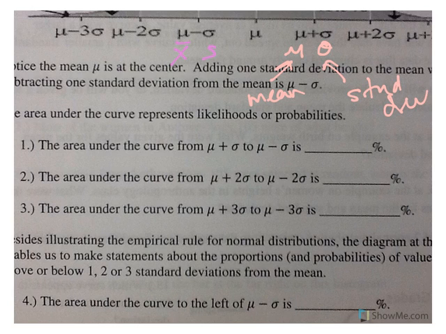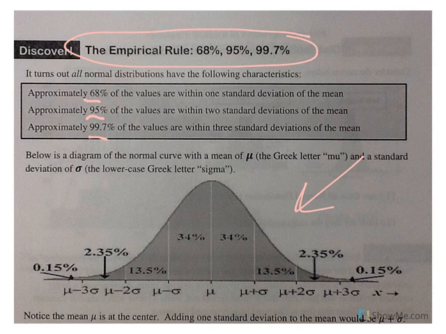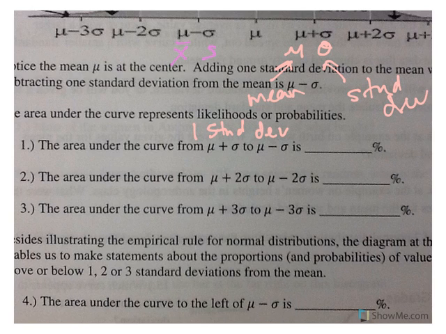So when I'm looking at question number 1, mu plus sigma and mu minus sigma, this is one standard deviation away in both directions. So if you think back to where we just were, one standard deviation is 68%. So 68% is one standard deviation each way. Now when I look at number 2, this implies two standard deviations, right? Because it's 2 sigma.